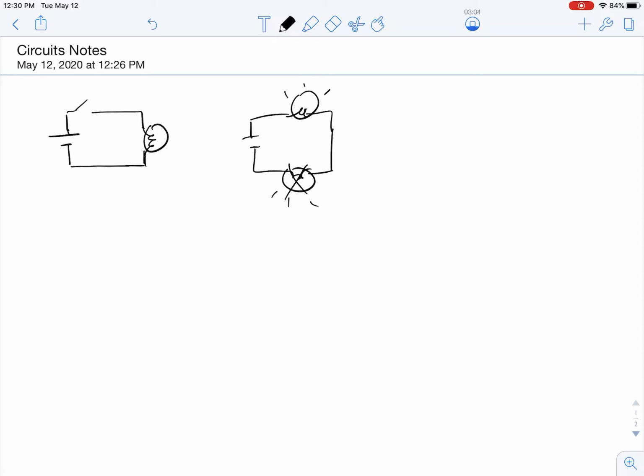If that device burns out, if it's broken, if the filament has burned so that there's no longer a connection, then you might as well have just taken that device completely out and left yourself a gap, because that is basically what happens. That burned out device creates a gap in our circuit so that we no longer have a closed circuit. So if this device goes out, then this device obviously is no longer on, and as a result, all other devices connected to that circuit are no longer on as well, okay?